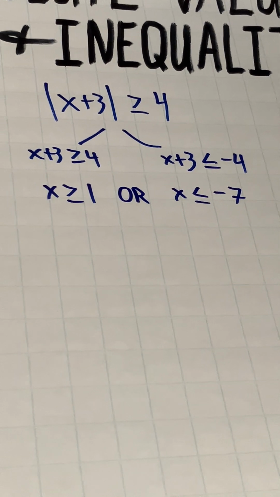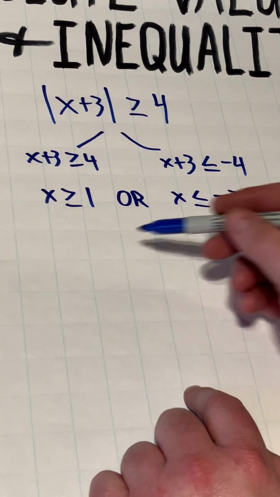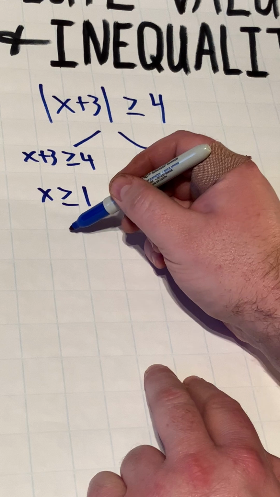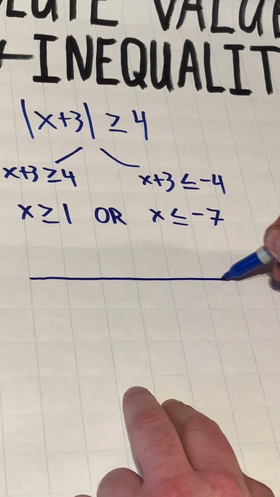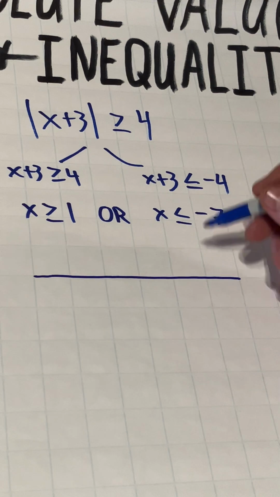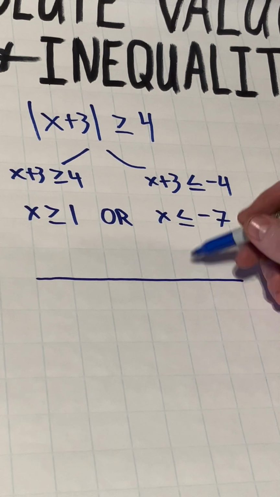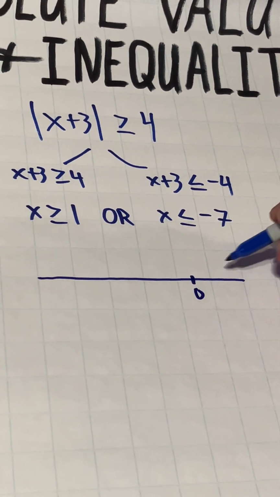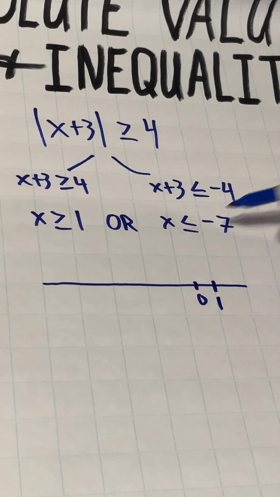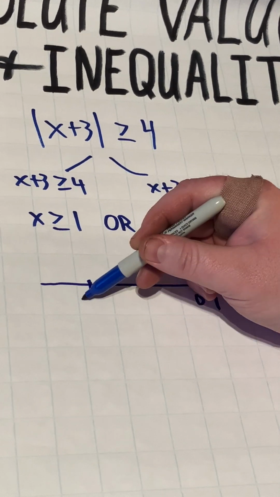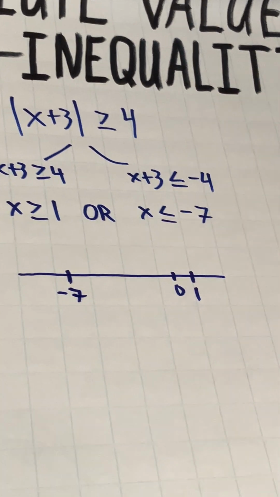Now, this is what we call an OR answer. And a lot of the time you end up having to express your answer on a number line. So in our case, it would look something like, let's say 0 is here, 1 is here, -7 is roughly right here.